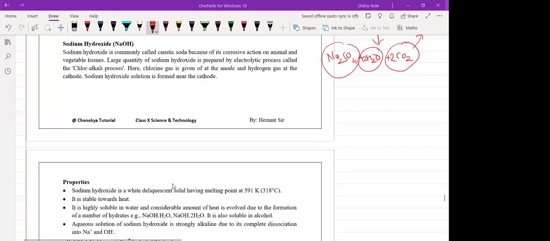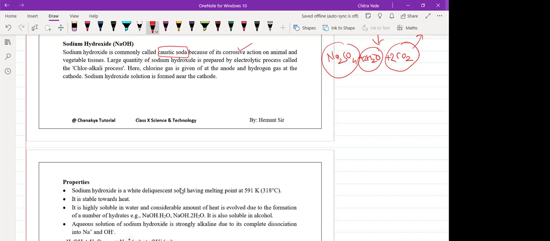Now we have sodium hydroxide. It is a base. Sodium hydroxide is also called caustic soda. These are the common names you have to remember. Why is it called caustic soda? Because it is corrosive in nature.